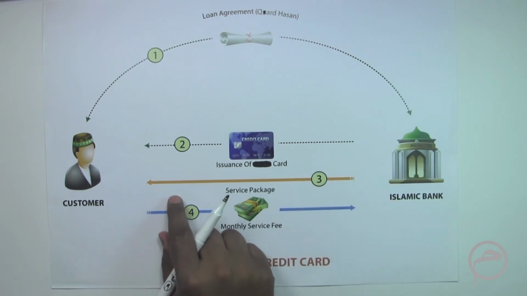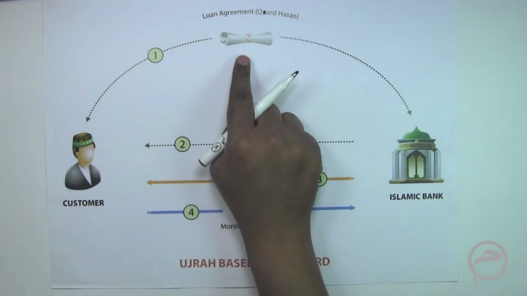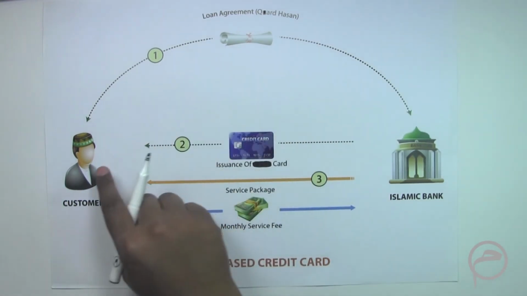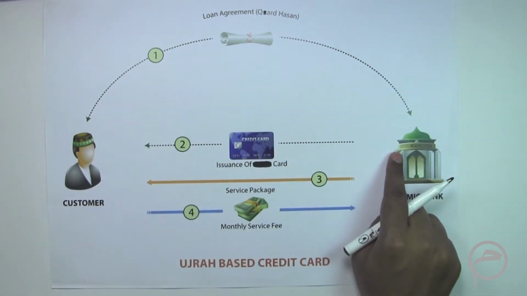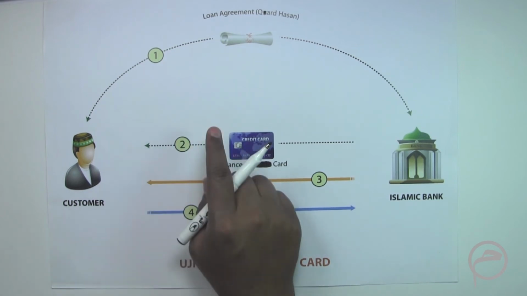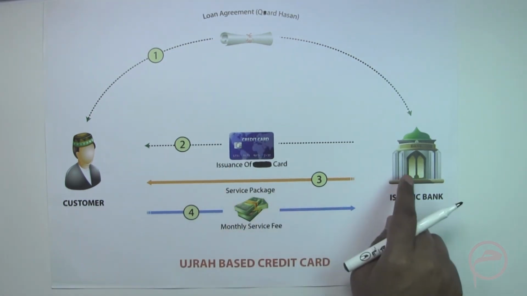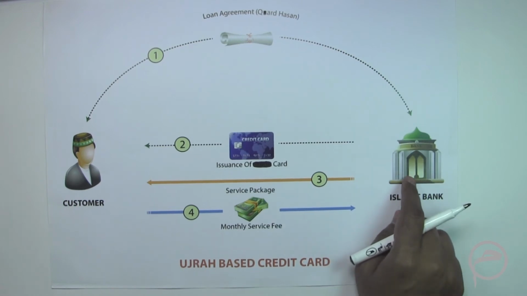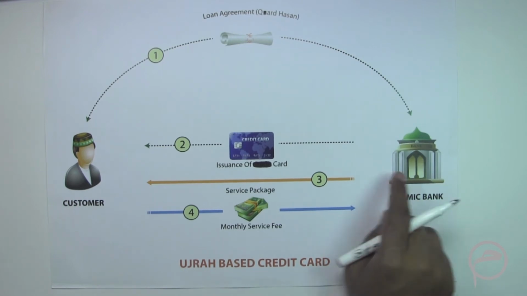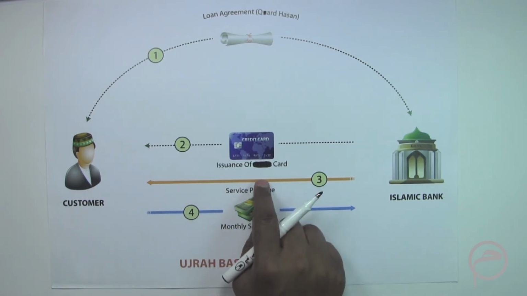This fixed fee is not related to how much the customer uses the funds. So if the customer has entered into an agreement of $100 and is not using those $100, still the customer has to pay the fixed fee to the Islamic bank. Irrespective of the usage, the customer has to pay a fixed fee.